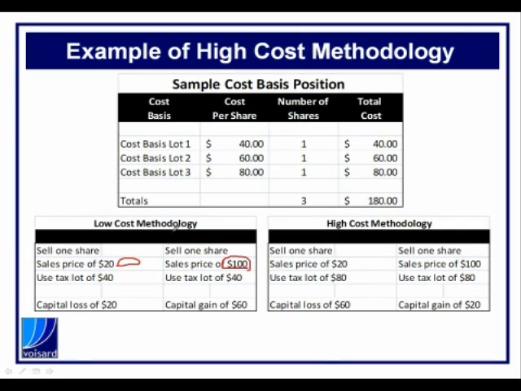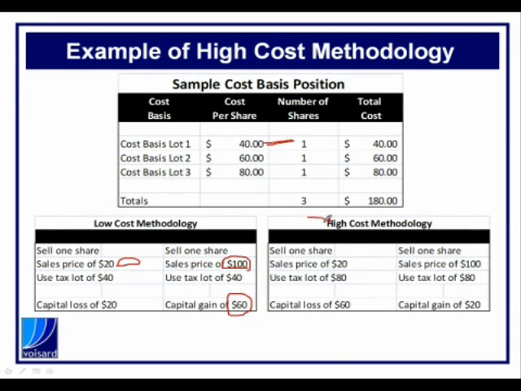Well, if we use a low-cost methodology, it's always going to go back to this lowest cost position, which is the $40 that you see above. So with that sales price and the use of the low-cost methodology, you're going to see a capital loss of $20, or conversely, on the sale of 100, you're going to see a capital gain of 60.